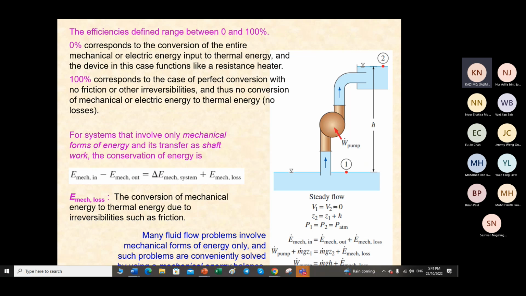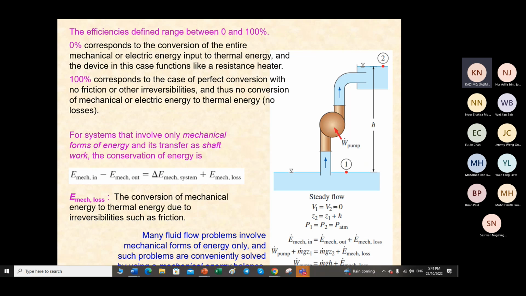And for Z2, the energy content is Z1 plus H, and P1 will be higher than P2. Now P1 and P2 are the atmospheric pressure, the same in both cases. So P1 is equal to P2 is equal to P atmosphere there.